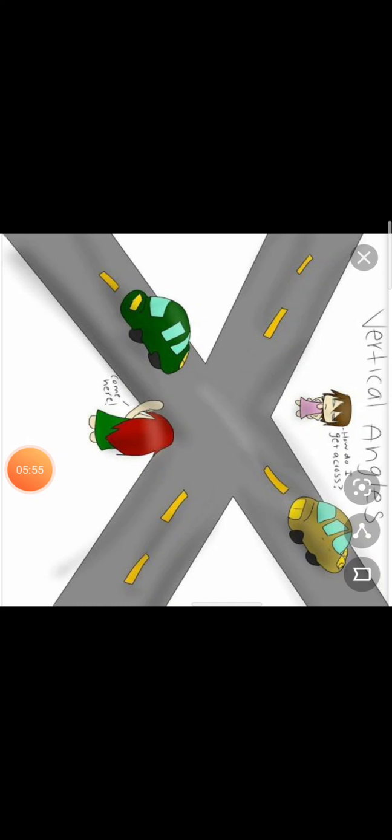So in this way these type of angles are called vertically opposite angles. Now look at the picture. This is an example of vertically opposite angles. These roads are crossing each other and they are making a cross here. So this is the example of vertically opposite angles.